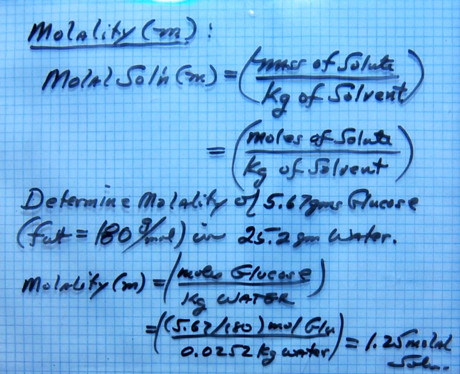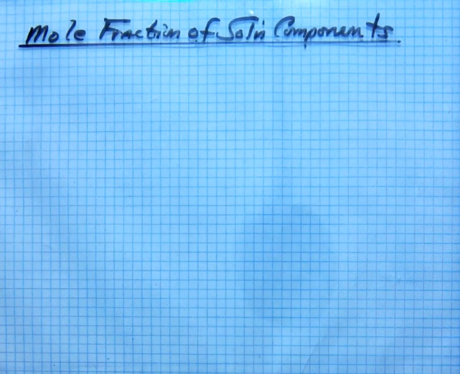So we've talked about three concentration terms, and you will be responsible for it. This is probably a new one to you, but we'll show you where it's used in just a few minutes. Mole fraction of solution components. This is a percentage, except we don't multiply times 100. And you calculate the moles of each component divided by the sum of all the moles.